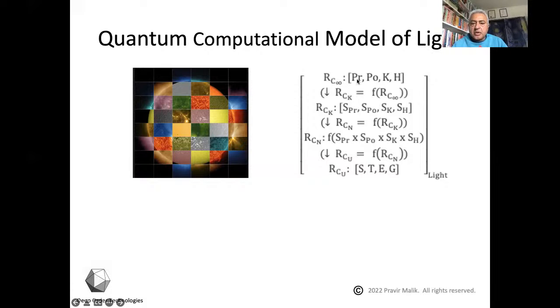The property of presence becomes a large set of presence that has elements all related to presence. Similarly, the property of power gets differentiated into a set for power. The property of knowledge gets differentiated into a set of knowledge. And the property of harmony gets differentiated into a set of harmony.